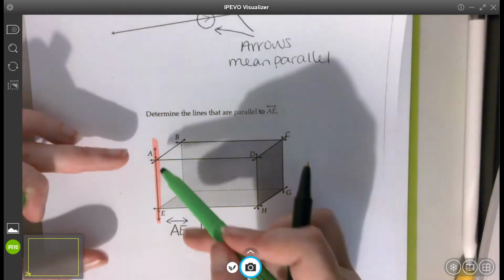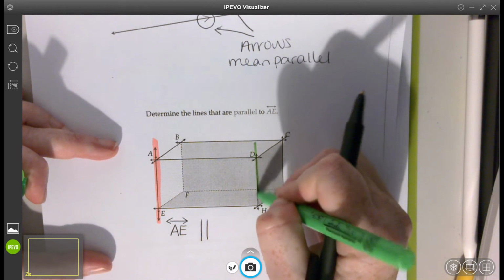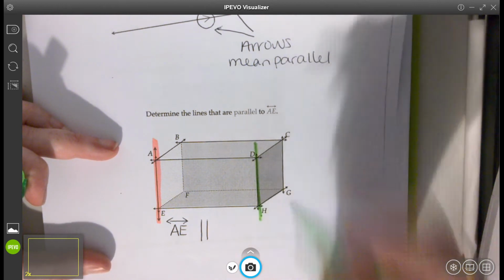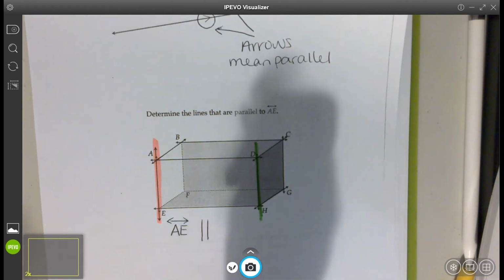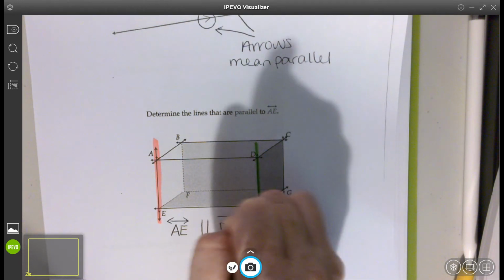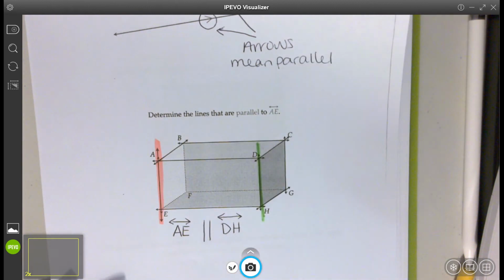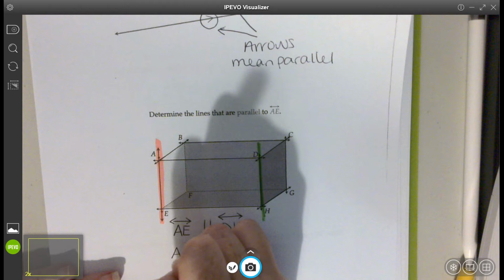So if I'm looking at the front of my figure, we can see that DH is going up and down in the same direction, and it will never touch if I extend it. So I could say AE is parallel to DH. Right, and I'm going to do this again. I'm going to find another pair to AE.